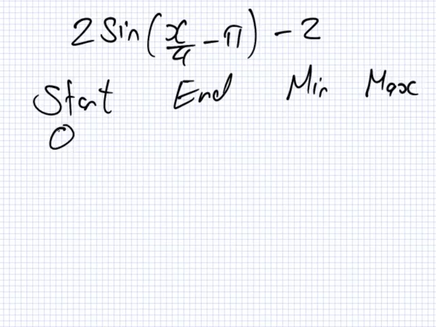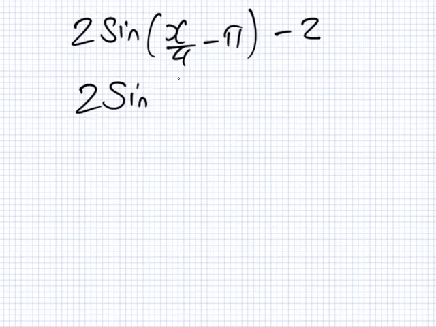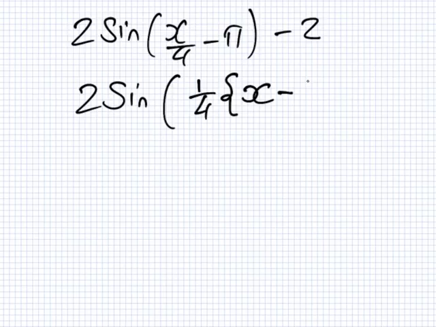Okay, starts at 0, goes to... Oh yeah, well before I do that, you can keep the table there, but before I do that, I'll just take out a quarter. Can you close the door actually? Thanks. I'll take out a quarter. So what will be left here? X minus what? Pi.